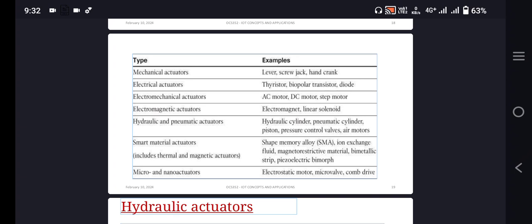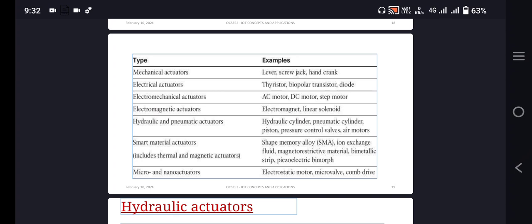Electrical actuators are thyristors, bipolar transistor, diode. Electromechanical actuators are AC motor, DC motor, stepper motor. Electromagnetic actuators are electromagnet, linear solenoid. Hydraulic and pneumatic actuators are hydraulic cylinder, pneumatic cylinder, piston, pressure control valves, motors.